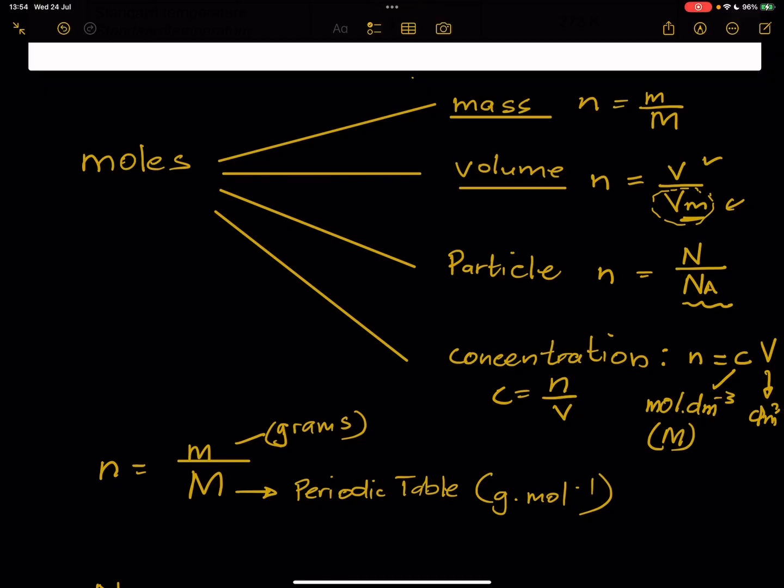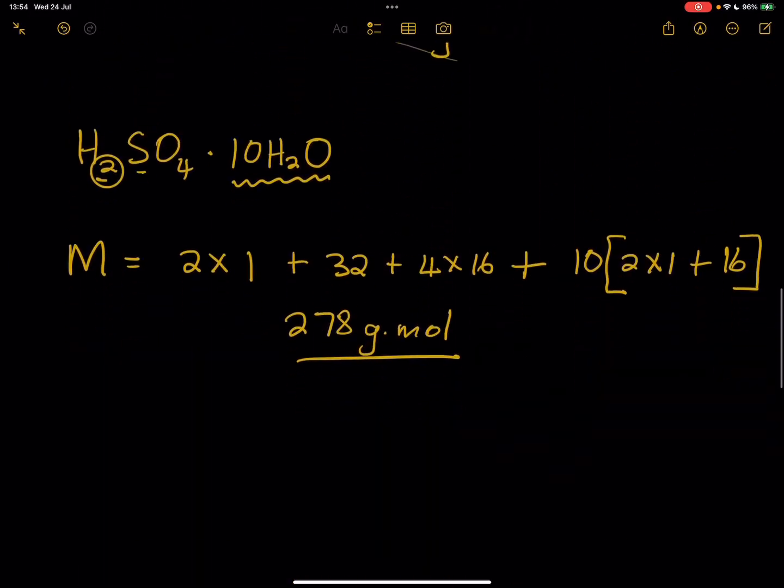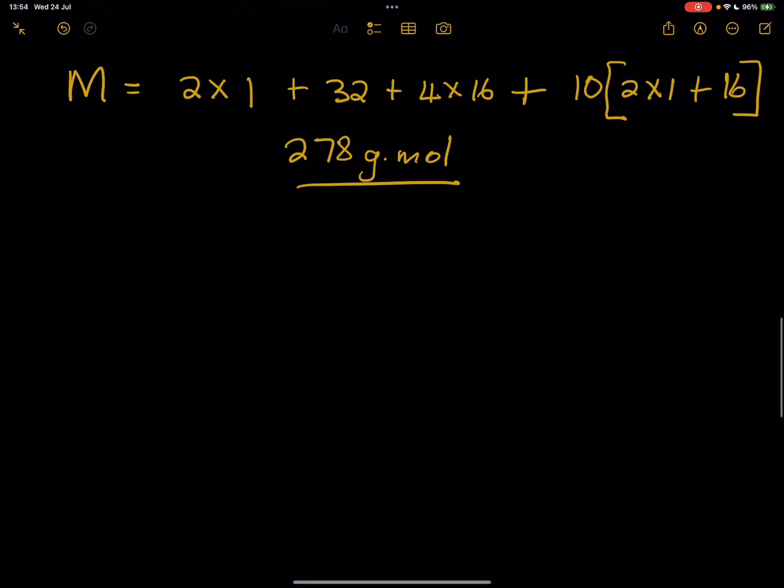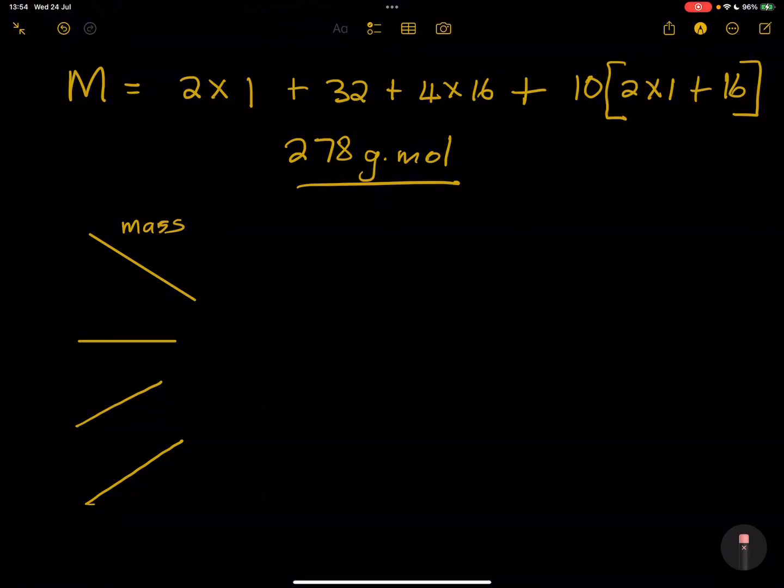Now, I want to talk about how to determine the limiting reagent. The first thing we are going to do is determine the number of moles. I did say to you, we can be given the mass, or the volume, or the concentration, or the number of particles.